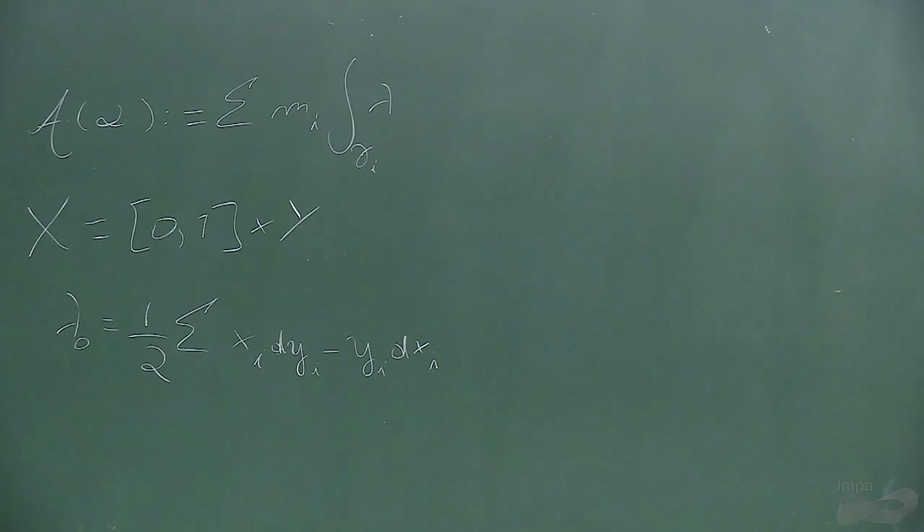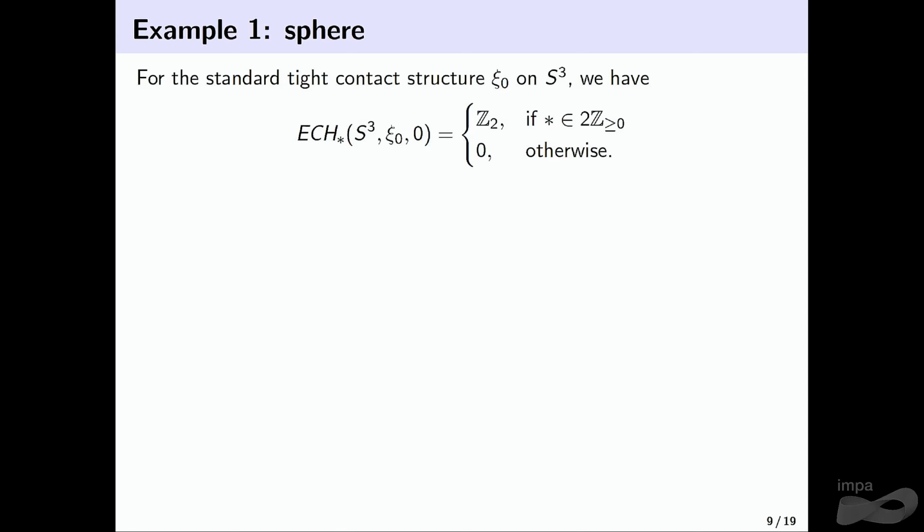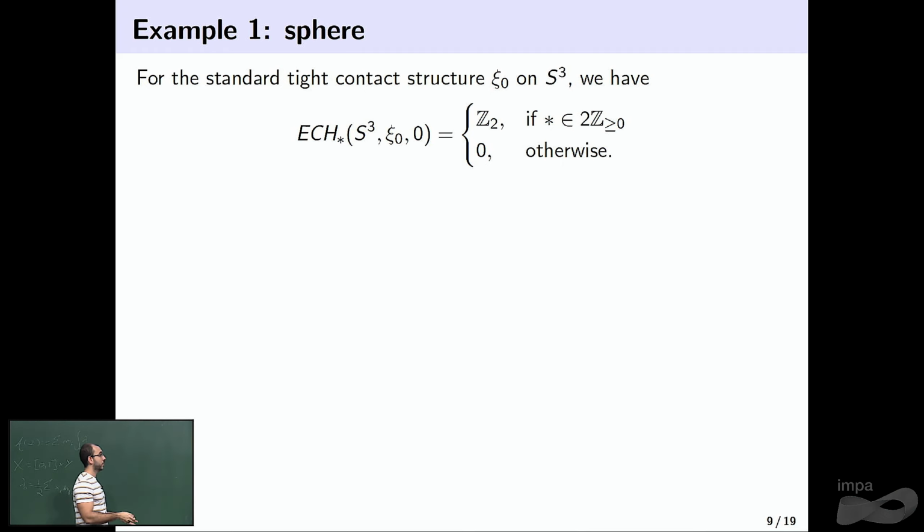And you can compute the ECH of this contact structure. And you have at least 2 ways to do this. The first way, that Michael did in the lecture notes on embedded contact homology, is to consider the irrational ellipsoids that we heard about this week already. So you have just 2 orbits, they're elliptic, and then by grading and ECH index reasons, the differential is 0 for any almost complex structure.